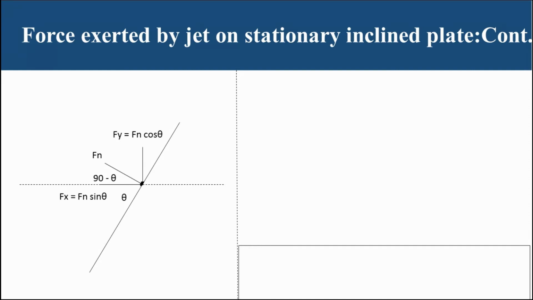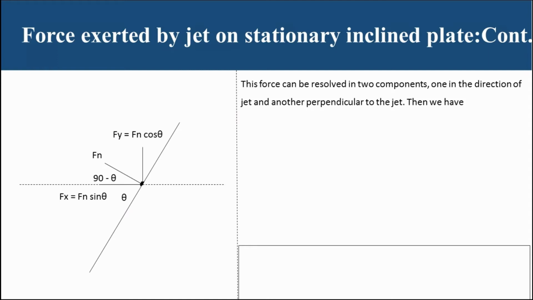So the component along horizontal direction, Fx, is Fn sin theta, and the component along y direction is Fn cos theta. This is because here the angle is 90 minus theta, so Fx is Fn cos of 90 minus theta, so it becomes Fn sin theta, and the y direction component is Fn sin of 90 minus theta, so it will become Fn cos theta. So we will put this value in our impulse momentum principle. So Fx equals Fn cos of 90 minus theta or Fn sin theta.